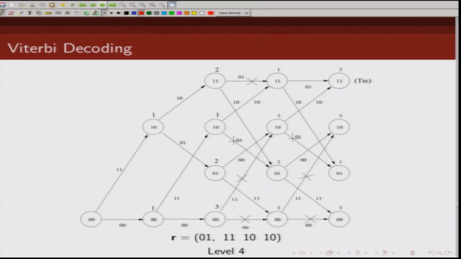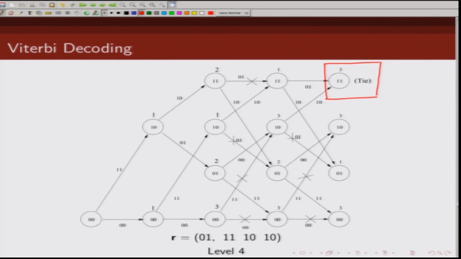Now, let us take an example of this particular node. How do we compute the partial path metric here? The partial path metric here will be either the partial path metric here plus this branch metric, which is 1 0 and 1 0. So, the branch metric here is 0.